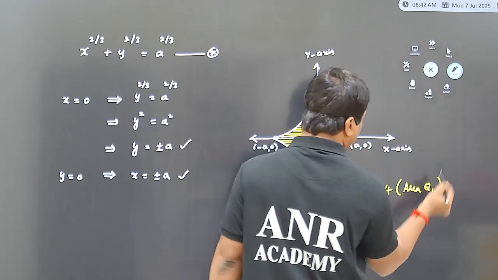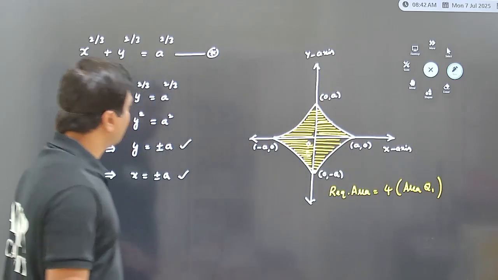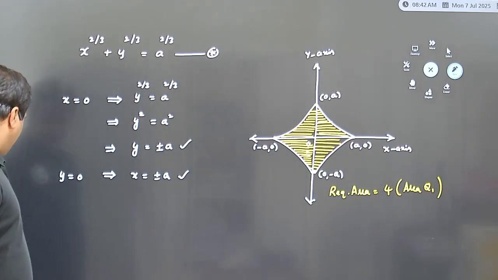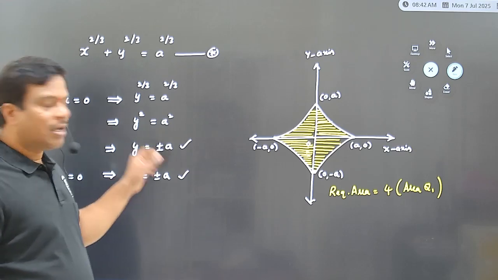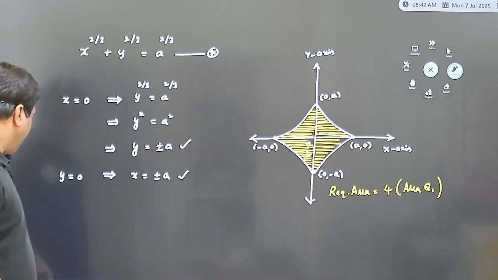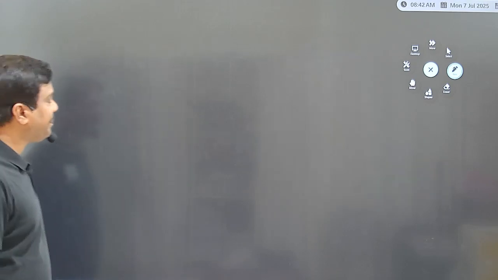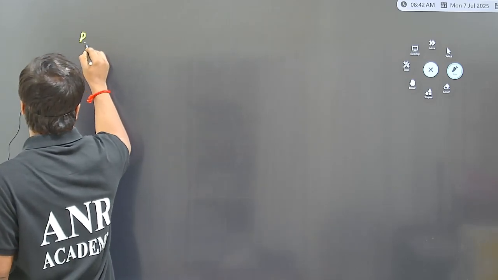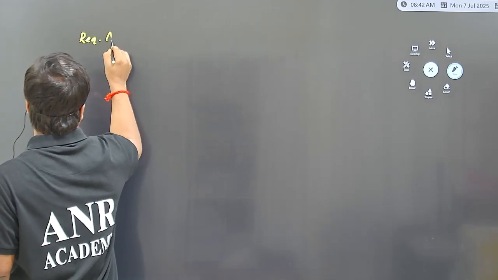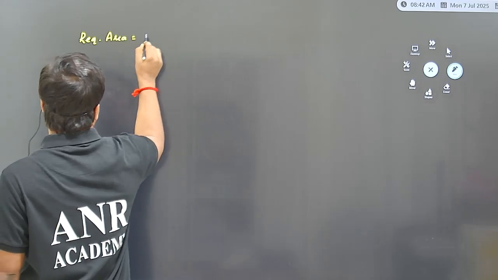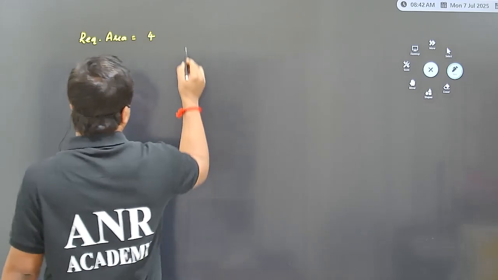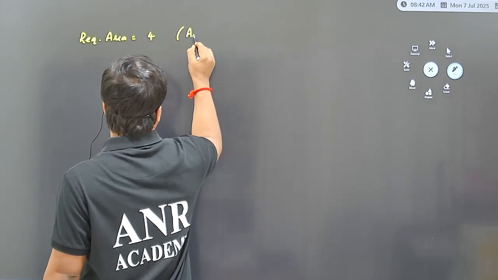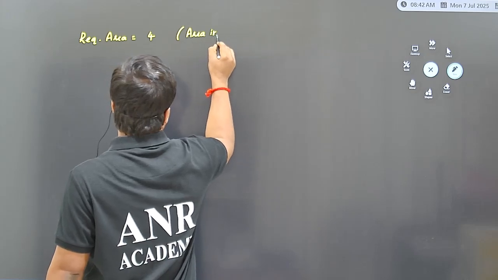Okay. So now let us move to the proof of how to find the area with the help of definite integrals. Here I am going to write: required area is 4 times the area in quadrant 1.